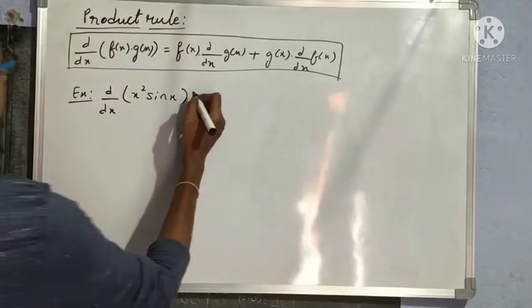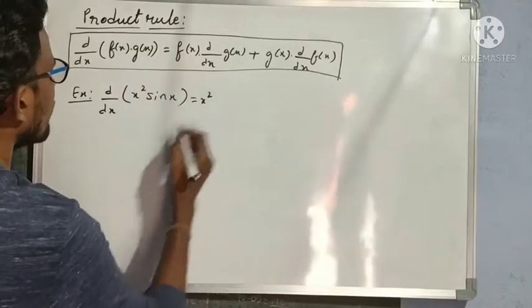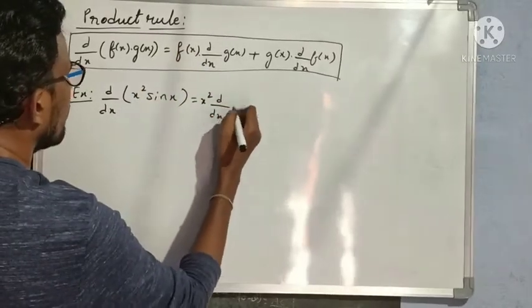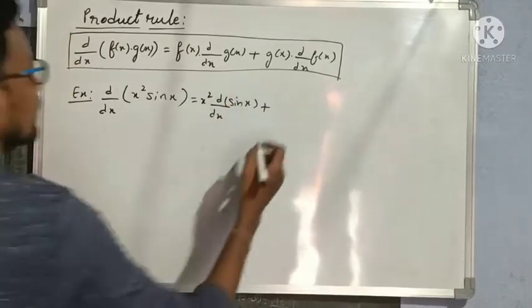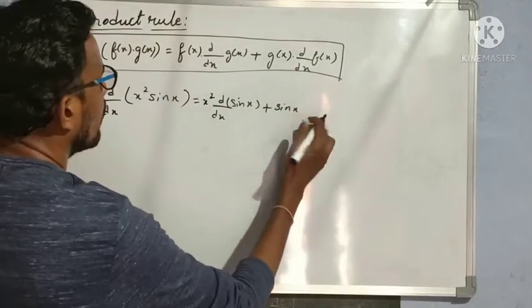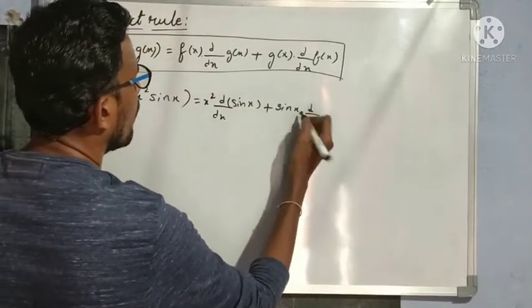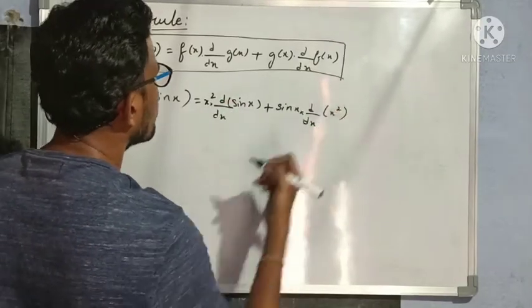So now what you have to do? Keep the first function f of x as it is, that is x square into d by dx of sin x, plus again second function sin x as it is into d by dx of first function, that is x square.